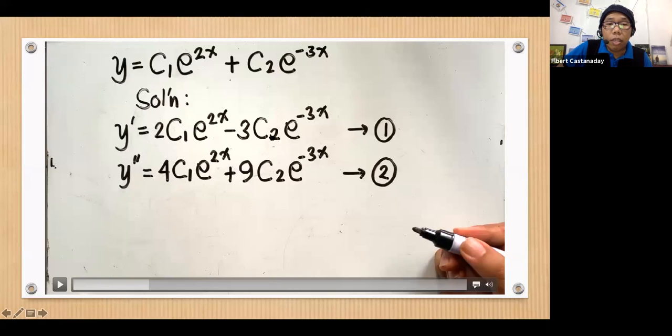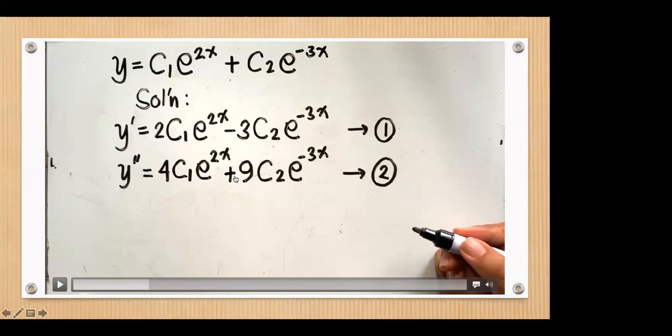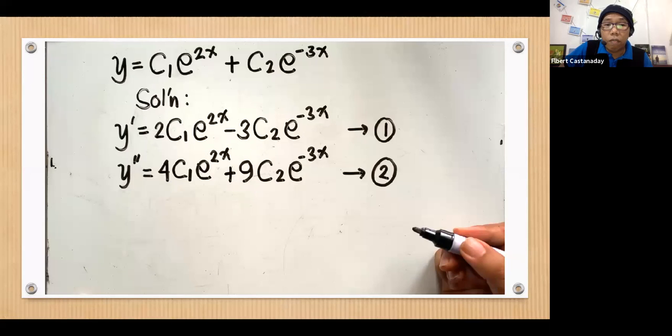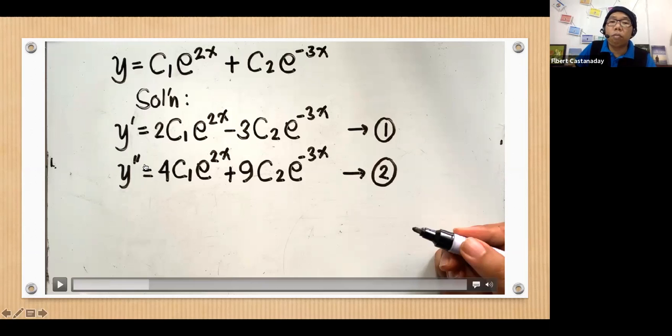As you notice here, yung coefficient ni e raised to minus 3x, di ba, magkaiba yung sign nila. So ano yung gagawin natin para ma-eliminate natin tong part na to? We can introduce a factor. You can multiply the entire equation 1 by positive 3 para magpareho sila. You can see that there are similar terms, thus solving for c sub 1. Okay?